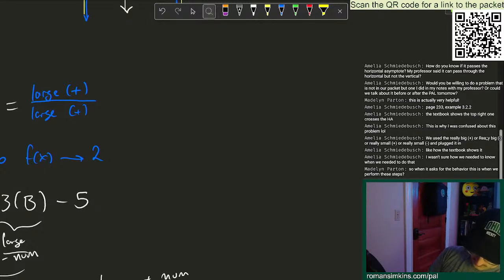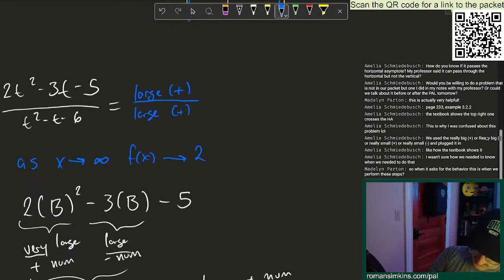So now what I know here is that this entire function at the value of some huge positive number is some very, very small positive number. And the reason for saying this is a very small positive number is because when you get into this idea of taking some incredibly large positive number but also dividing it by an incredibly large positive number, it's going to be a really small positive number.